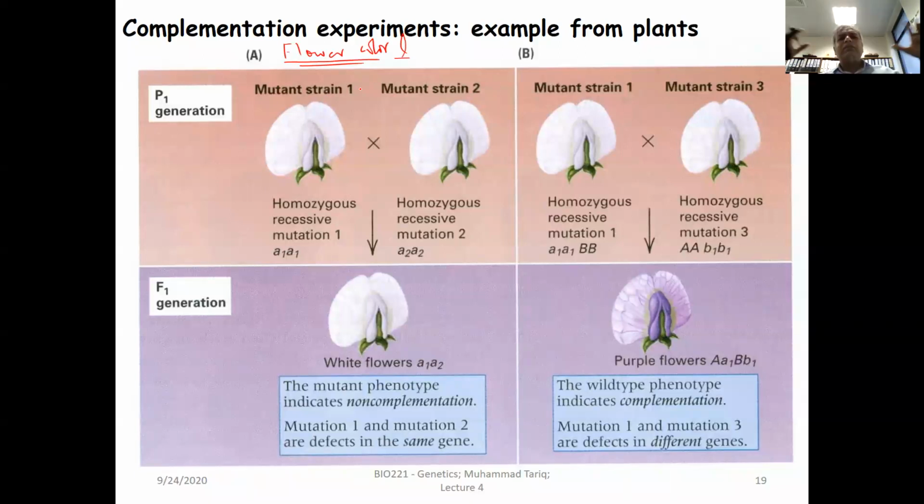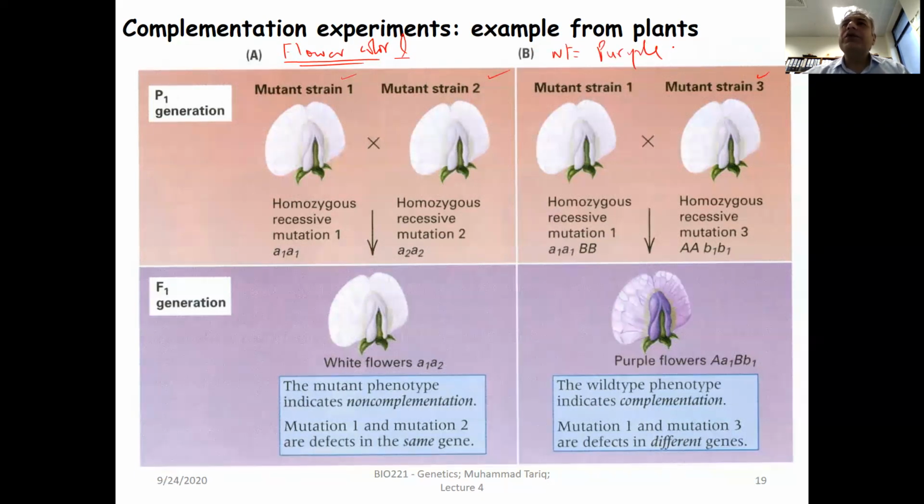You did mutagenesis, and in the many plants in the mutant population, you found many mutants. Mutant 1, mutant 2, mutant 3. So the wild type phenotype for color is purple. Okay?